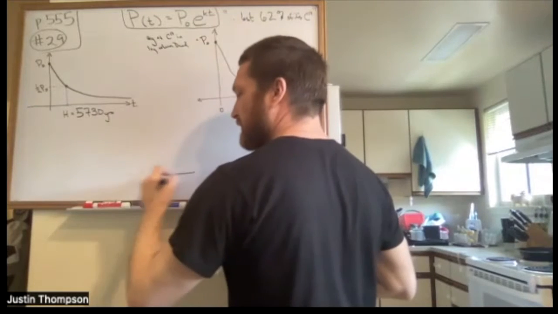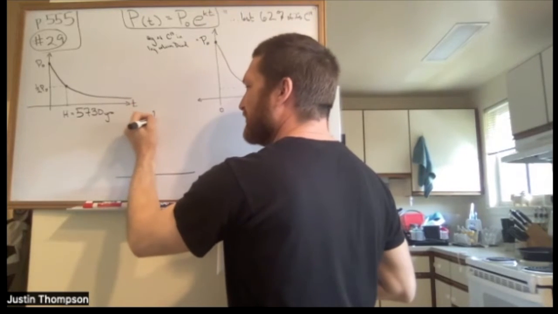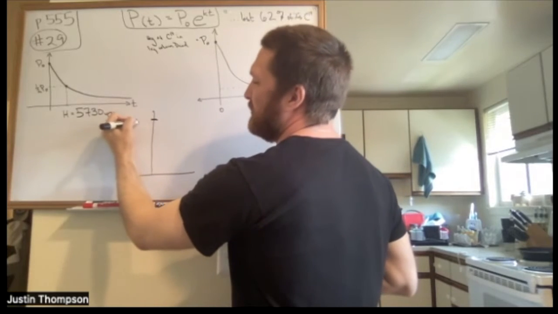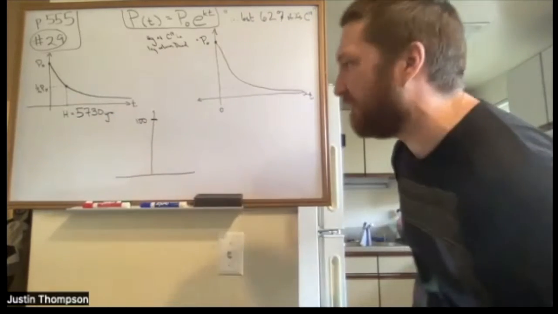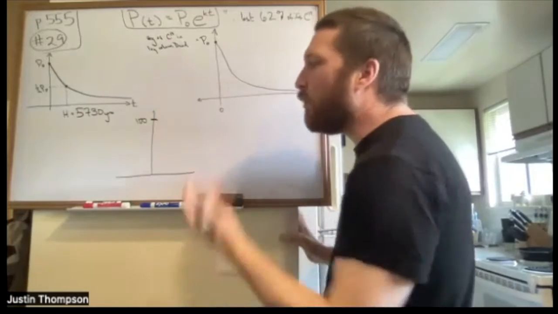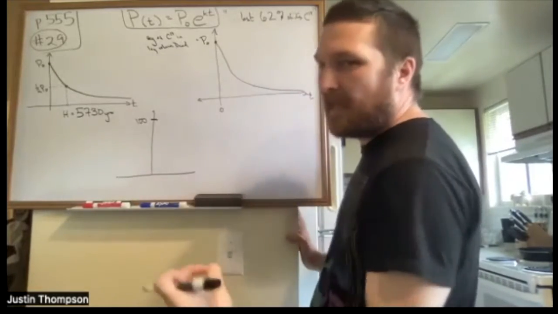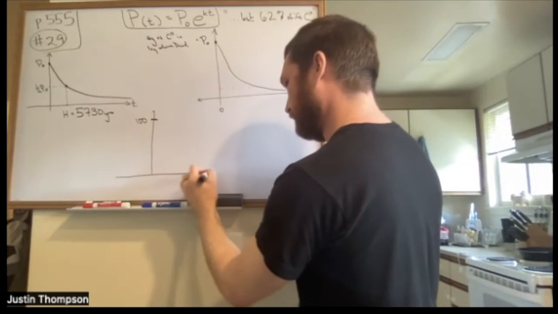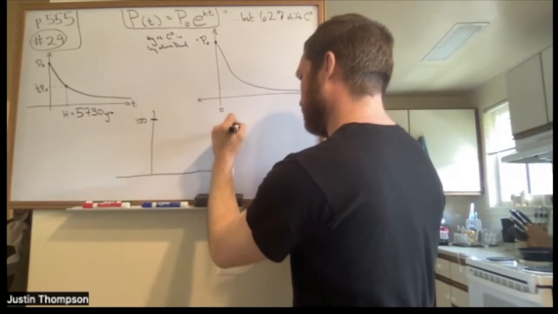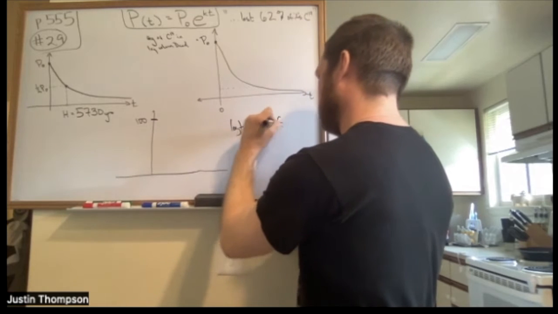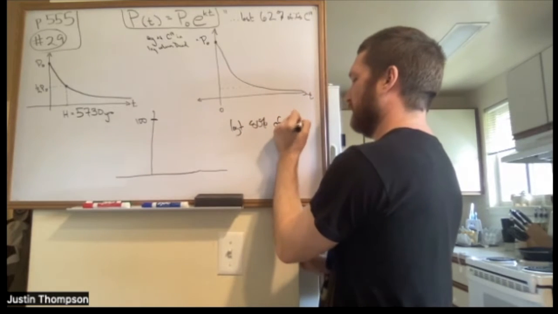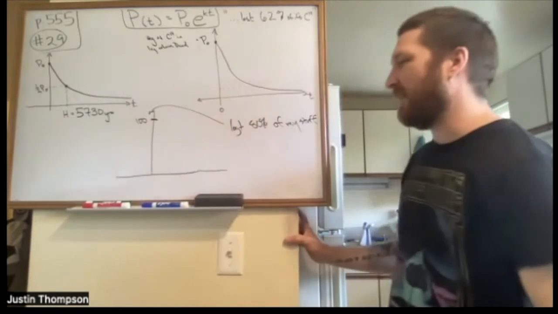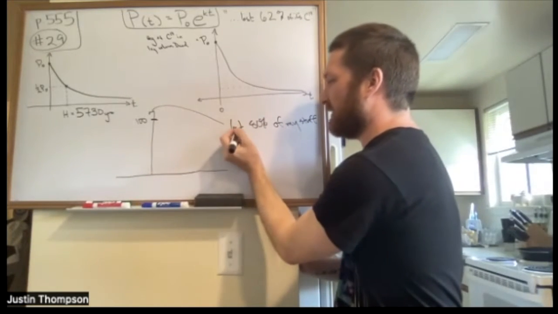So let's do this. Let's just say I have some stuff. And let's say I have 100 grams of stuff. And I told you that we lost 80% of this stuff. How much stuff would I have left? So I have 100 things, and then I lost 80% of those things.